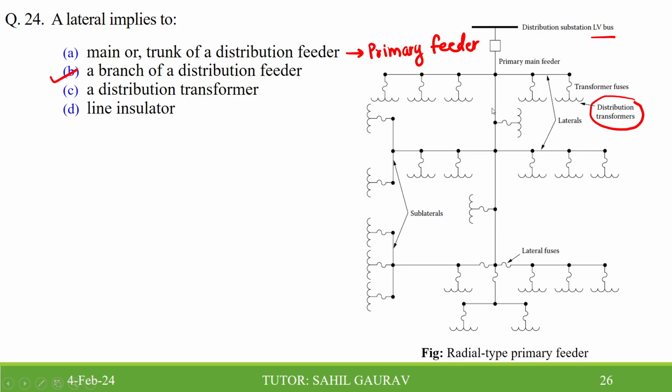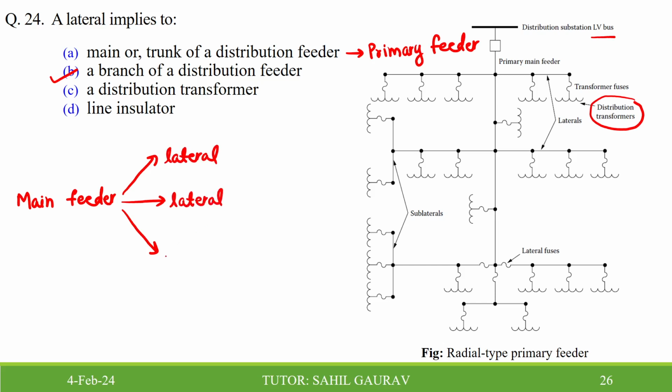So in the primary distribution system we have the main primary feeder, which has several branches that we call laterals. If the laterals are further divided, they are called sublaterals.